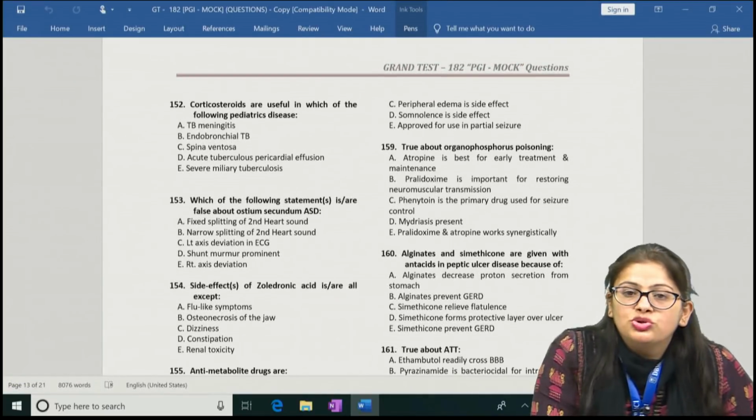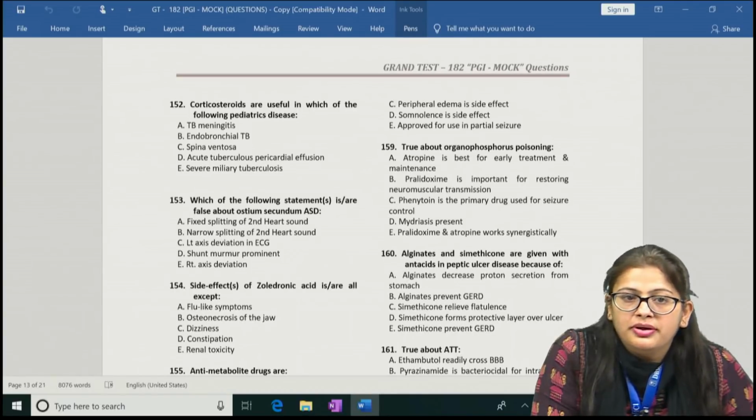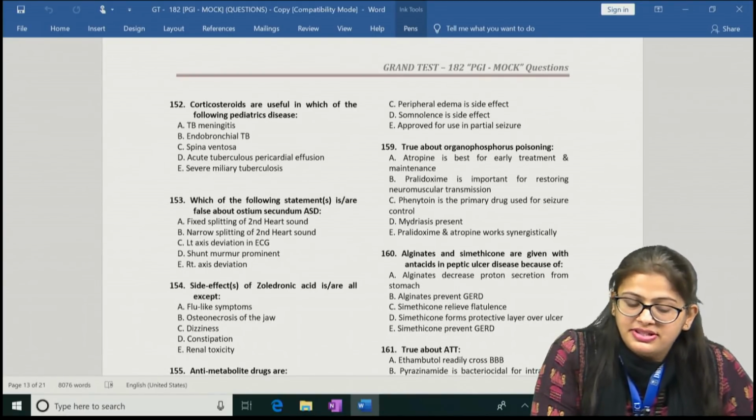So now we come on to question number 153. Which of the following statements are false about ostium secundum ASD? Fixed splitting of second heart sound, narrow splitting of second heart sound, left axis deviation in ECG, shunt murmur prominent, right axis deviation.